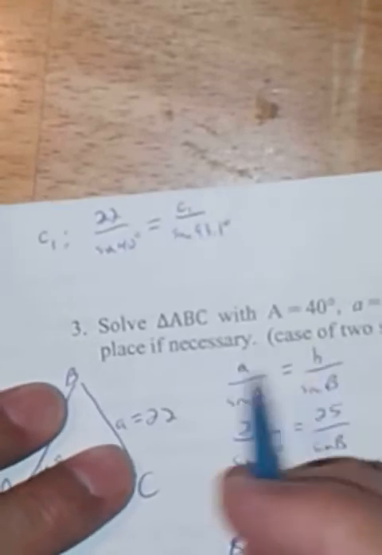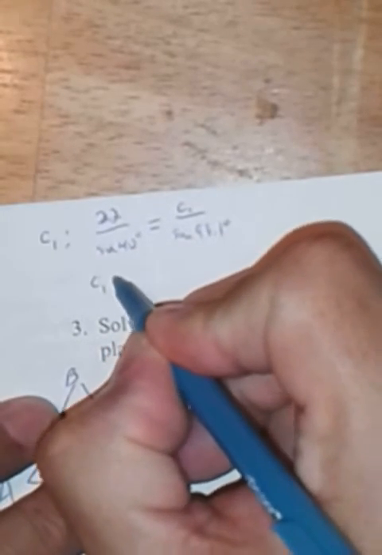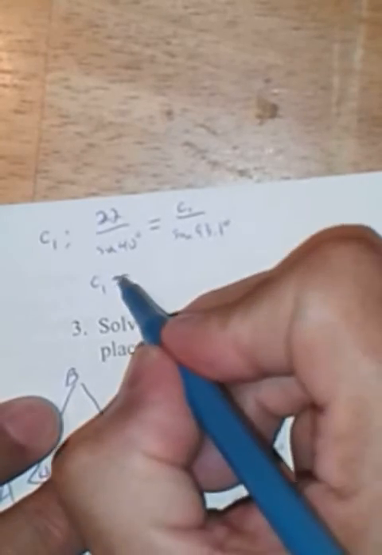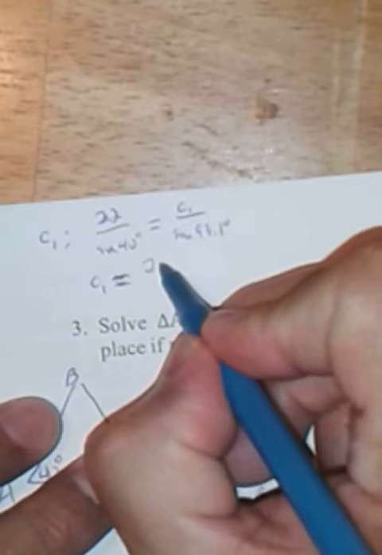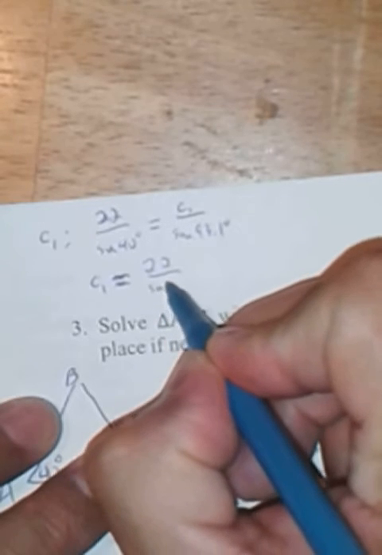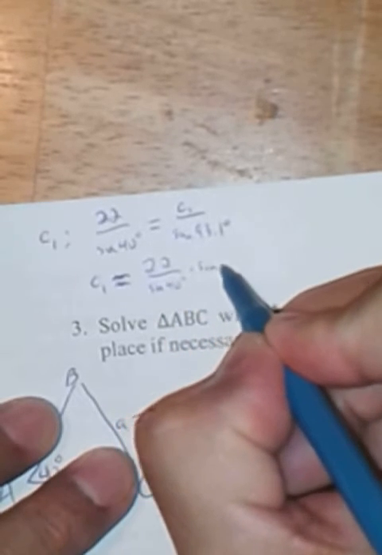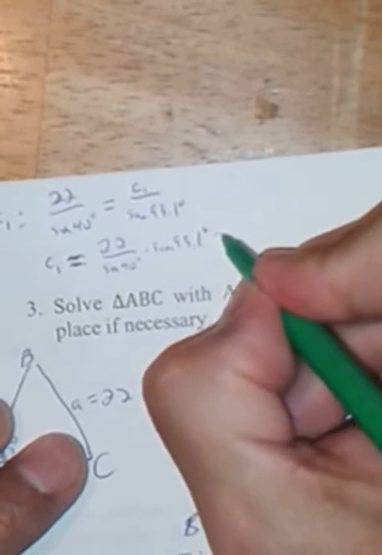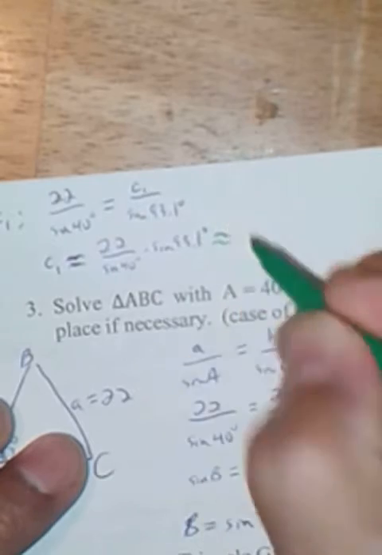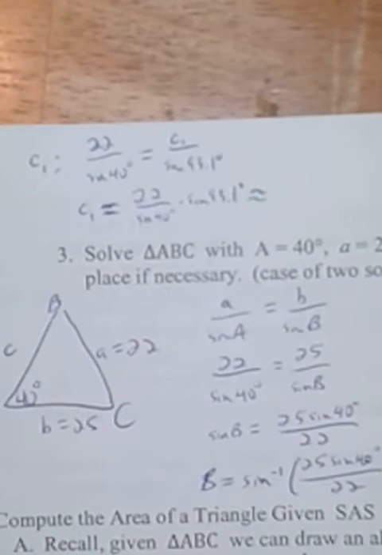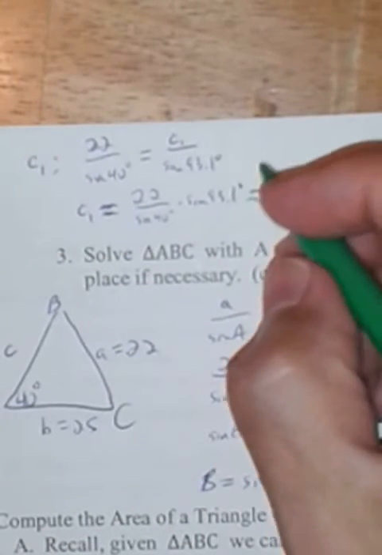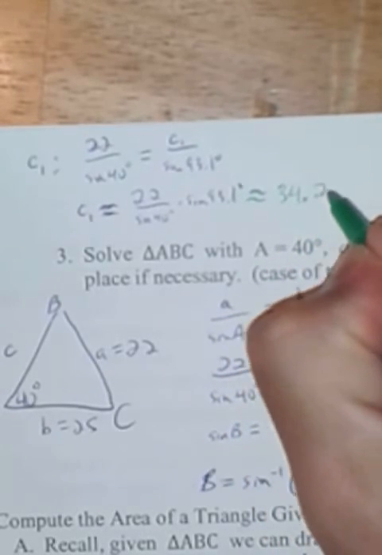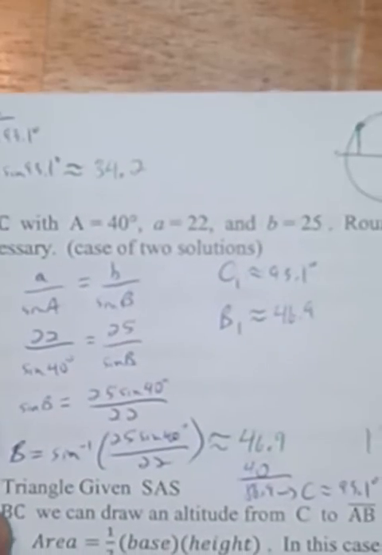So side c1 will be approximately 22 over sine of 40 degrees times the sine of 93.1 degrees, and that'll be approximately 34.2 according to my calculator. And then same thing with c2.